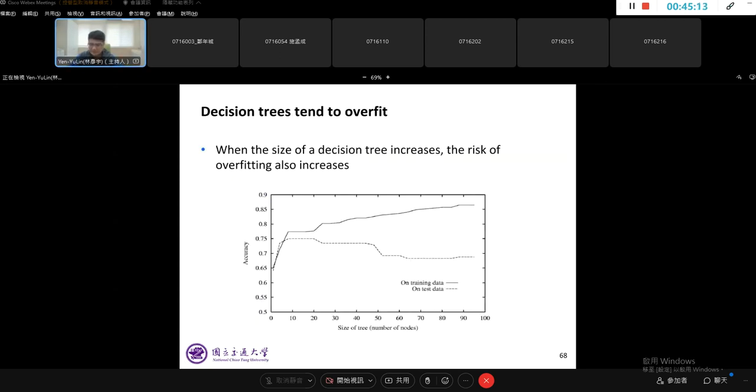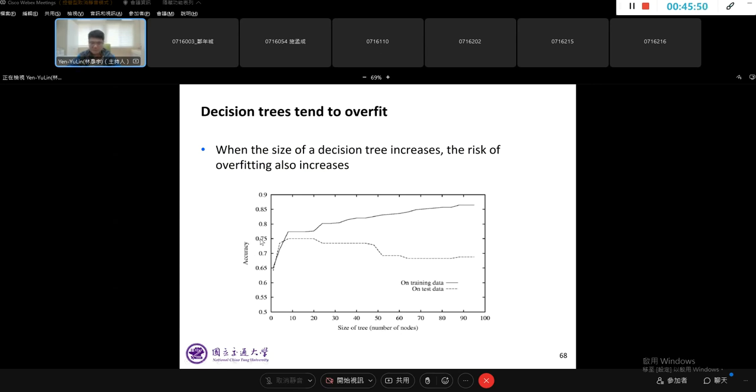Okay, let's look at some properties or limitations of a single decision tree. We measure the complexity of a decision tree by the number of nodes in this decision tree. Let's look at this figure. The x-axis indicates the size of a decision tree in terms of the number of nodes, and the y-axis indicates the accuracy.